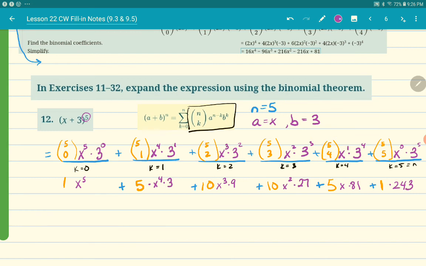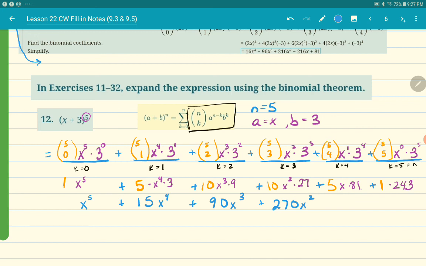So simplifying all of this one more time, 1 times x to the 5th is just x to the 5th. 5 times 3 gives me the 15 x to the 4th. 10 times 9 gives me 90 x cubed. 10 times 27 gives me 270 x squared.